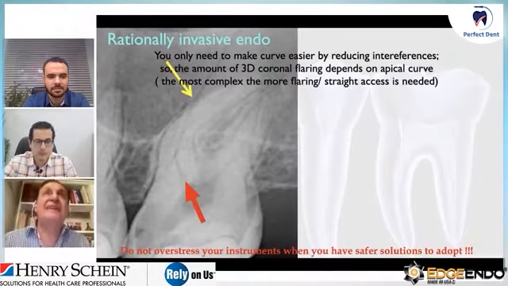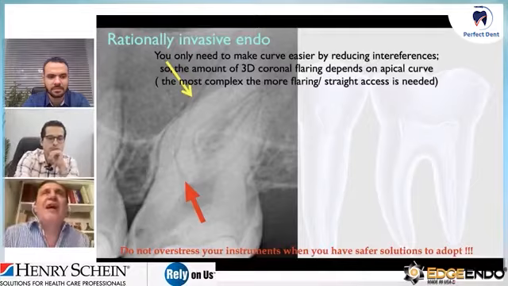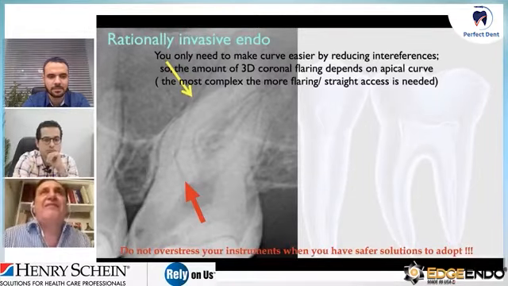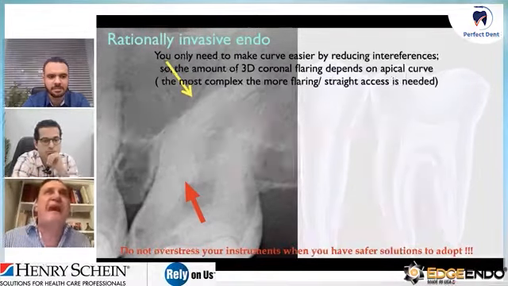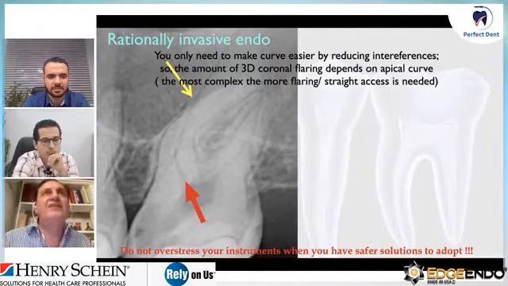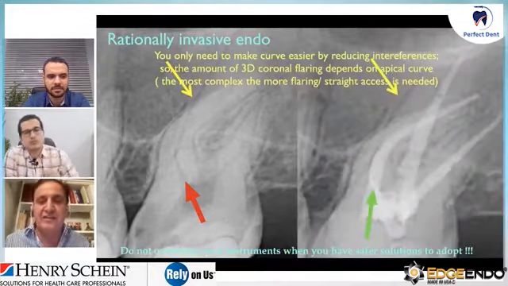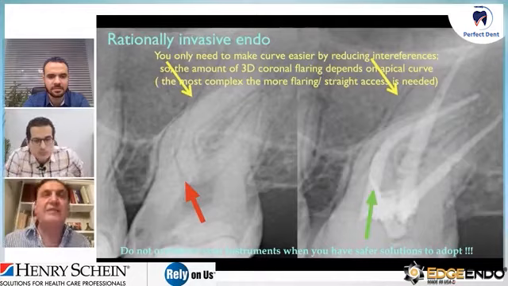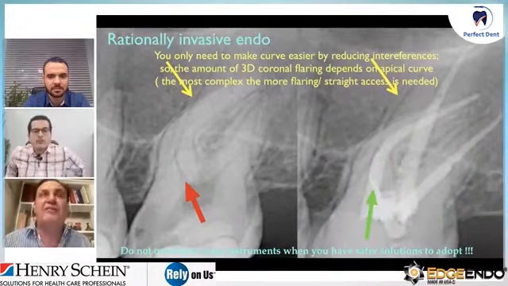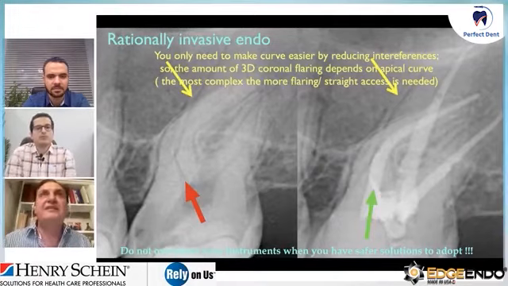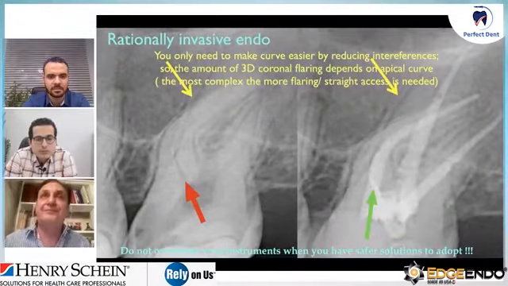But I understand that I have a very coronal curve, and if I have a very good instrument like E7, I could manage to do this. But why should I run this risk if, just by slightly opening my access cavity or my coronal flaring a little bit more, I can do this? But I have to understand what I'm doing, and why I'm doing it.